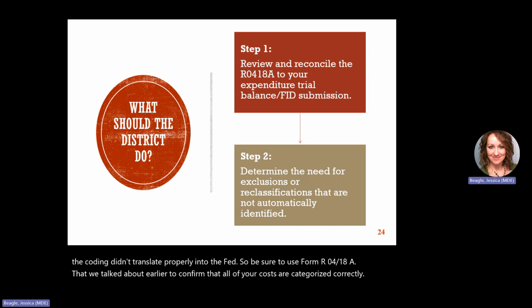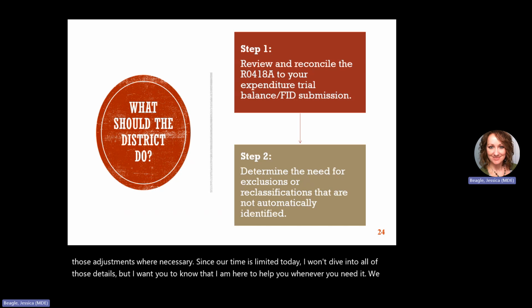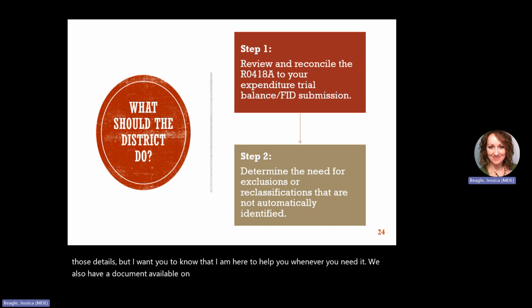Next, you'll want to determine if any reclassifications or exclusions are needed and make those adjustments where necessary. Since our time is limited today, I won't dive into all of those details, but I want you to know that I am here to help you whenever you need it. We also have a document available on our website that explains reclassifications and exclusions.